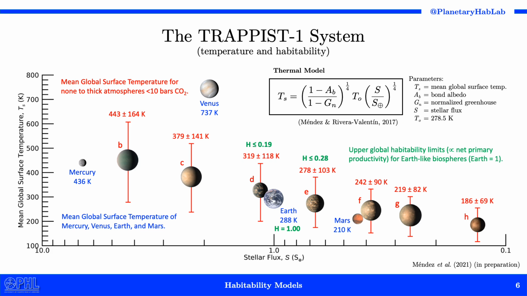But now we have values using 1D to 3D circulation models. Also, here in green is our upper limit habitability estimates using our global model. Only planets D and E have a non-zero value, with E slightly better, but both lower than Earth.